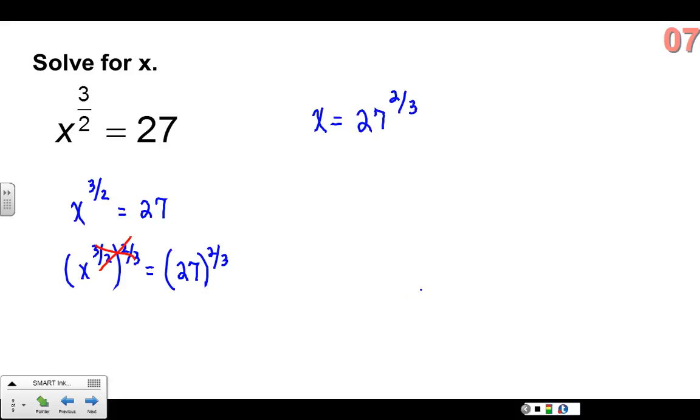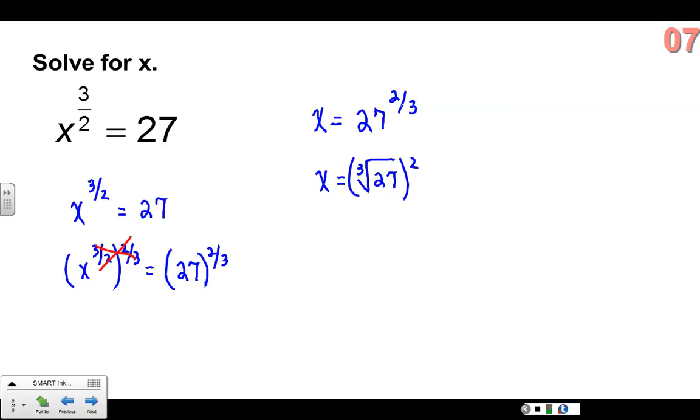Now, from your intermediate algebra days, if you remember, when you have a fractional exponent, the denominator is the root and the numerator is the exponent. So what we'll do first is take the cube root of 27. And then we will square the answer. Okay?